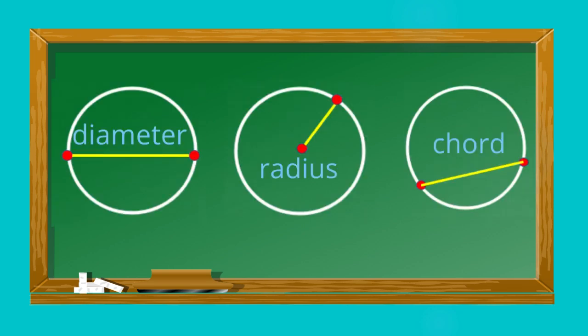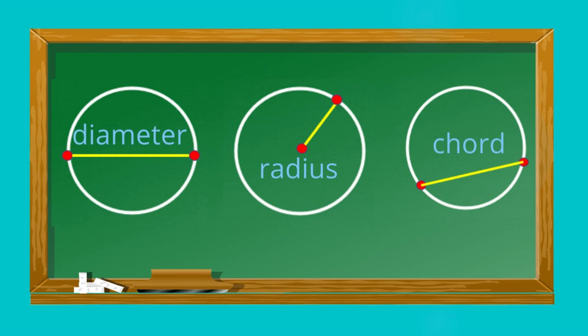Okay, so if you are going to observe the 3 circles or the 3 figures given, the first figure shows a diameter. The second figure shows a radius. And the third figure shows an example of a chord.